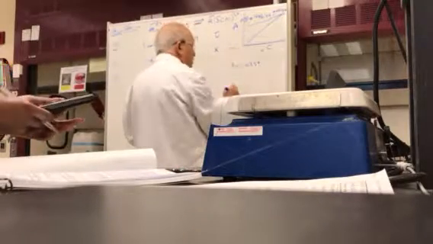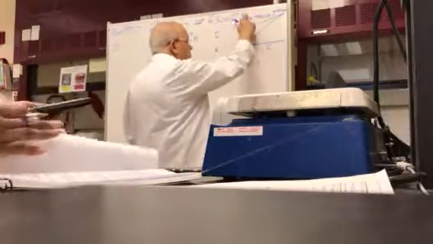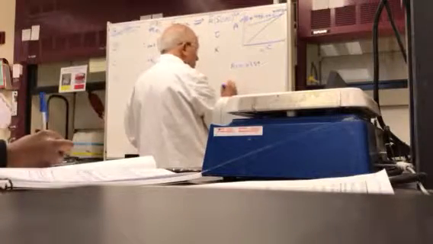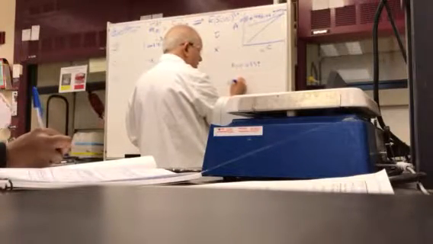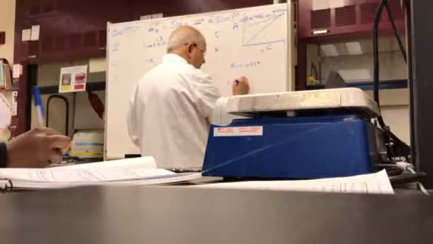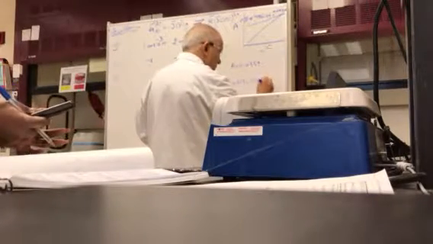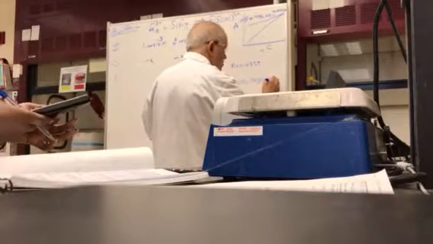Now I'm going to use this equation: 0.0859 equals 199.614 times x minus 0.0. This number you can't use.